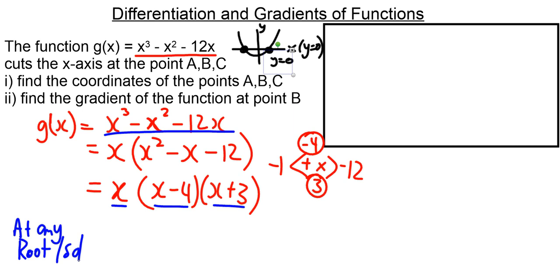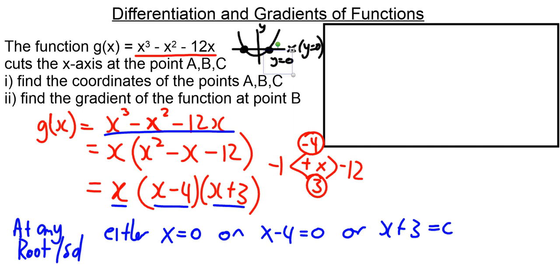So I can say that either x equals 0 or x minus 4 equals 0 or x plus 3 equals 0. So I have one root at x equals 0, the second root at x equals 4, and a third root at x equals minus 3.